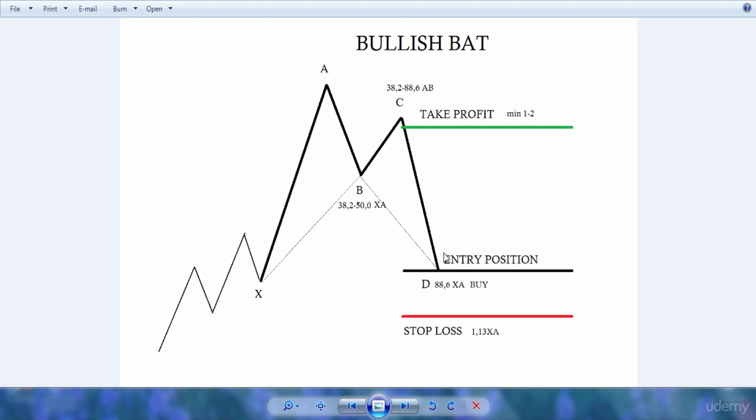Why is it so? For the simple reason that the entry into the position is made at a lower level. From the level 88.6 there are fewer pips to the stop loss than from the level of 78.6, which is relevant to the Gartley pattern.